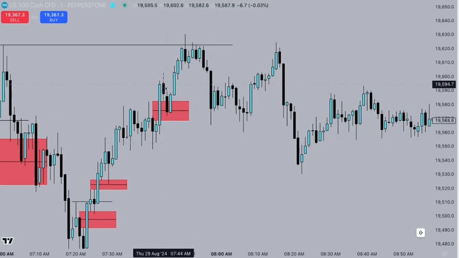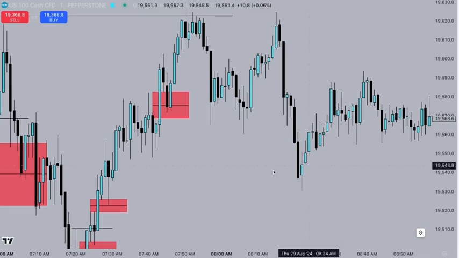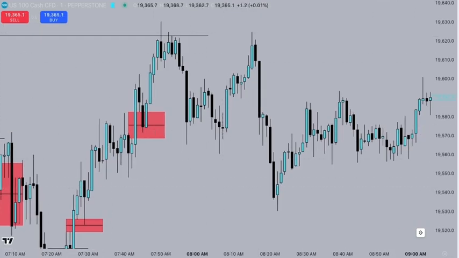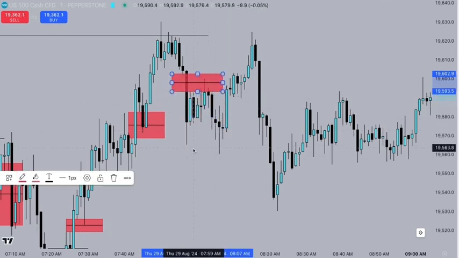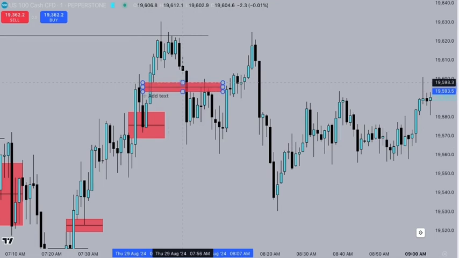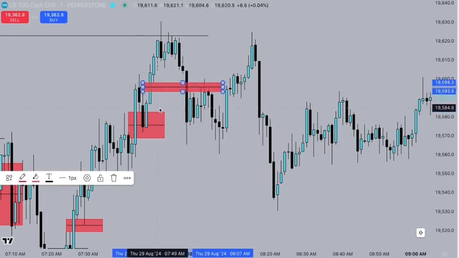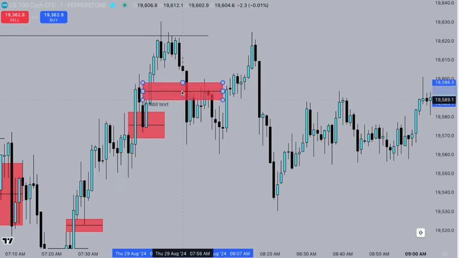So yeah, basically, I can show you guys right here. So you might look at this and say, okay, so price came in, went back down to hit this low, but right here we also have an inverse fair value gap right here. So what that basically means is you can also mark it out like this.